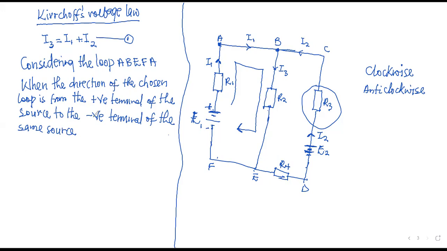When the direction of the chosen loop is from the positive terminal of the source of EMF and enters into the negative terminal, the EMF source is positive. And when it is the other way around, the EMF source is negative.